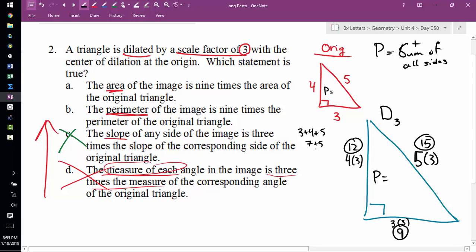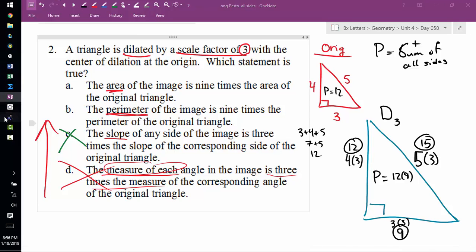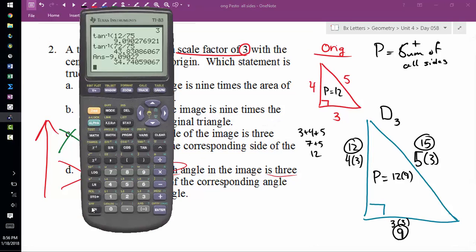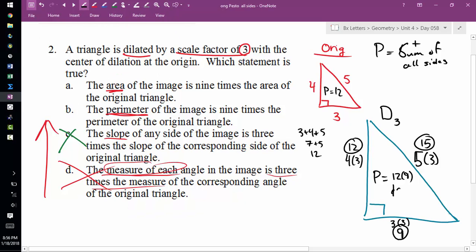That's 7 plus 5, that's 12. So the perimeter is 12. And what they're making the claim is that this perimeter should be my original times 9. And I'm going to test that out. I'm going to say, okay, my original perimeter of 12 times 9. They're making the claim that this perimeter should be 108.